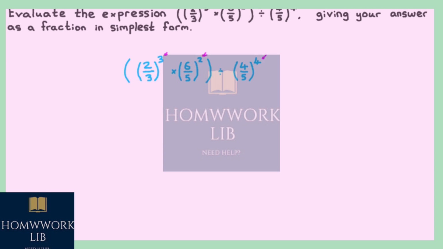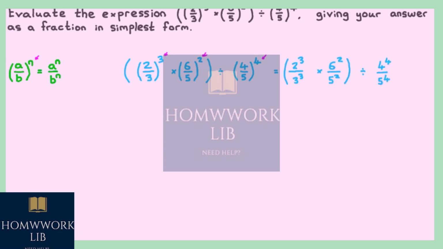To do this, let's start by evaluating the exponents. In this case, we are raising fractions to positive integer exponents. There are a few ways of evaluating these exponents. The easiest way is to recall that (a over b) all raised to the power of n is equal to a raised to the power of n over b raised to the power of n, provided that these are all well defined.